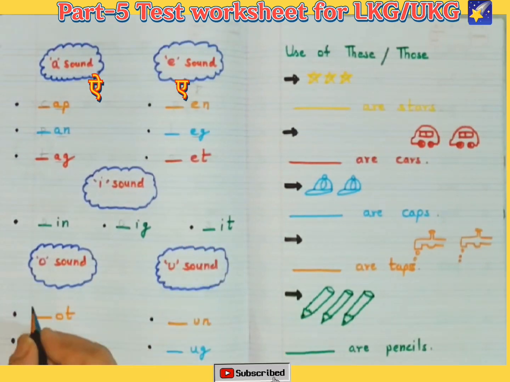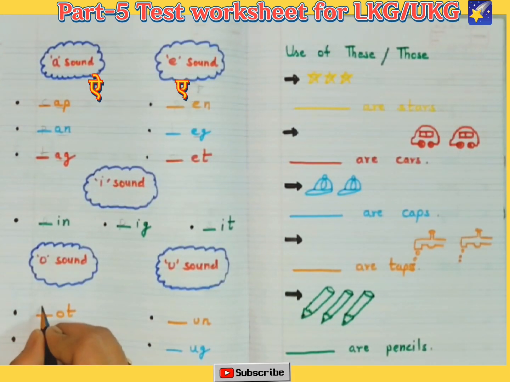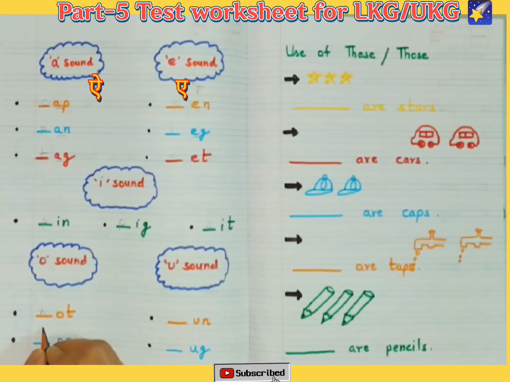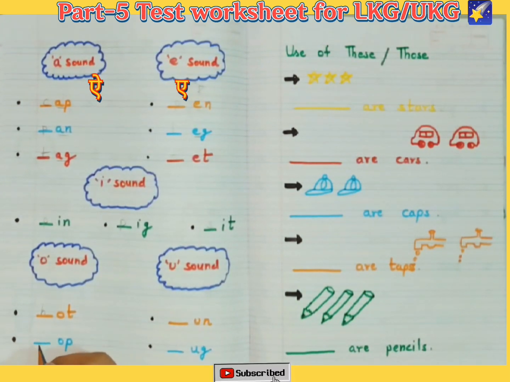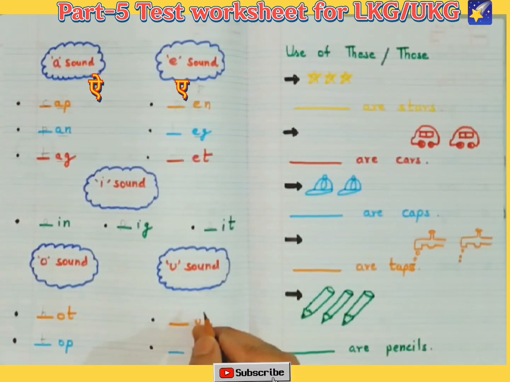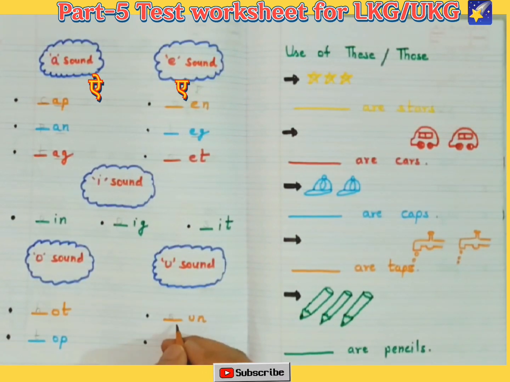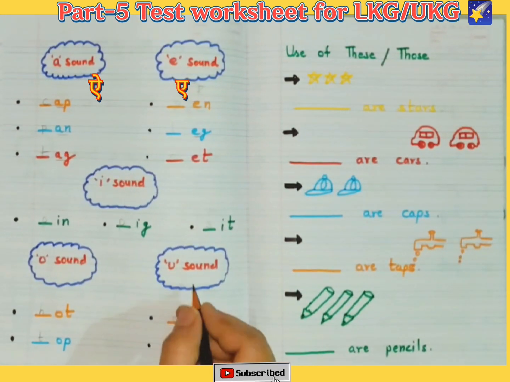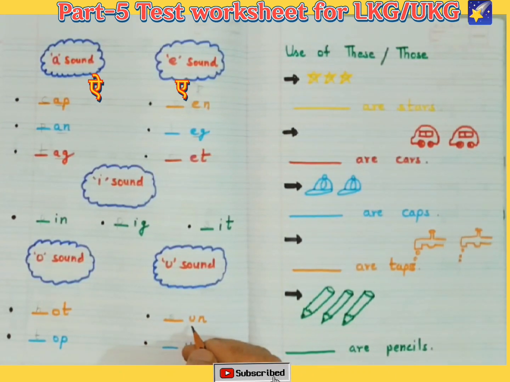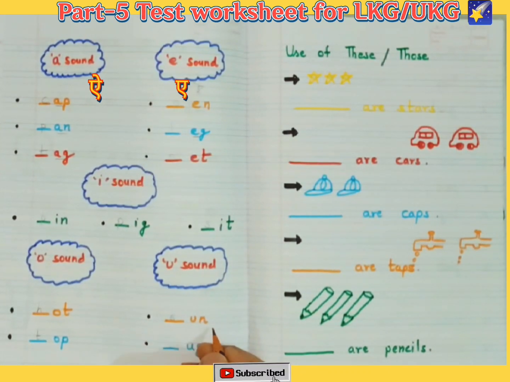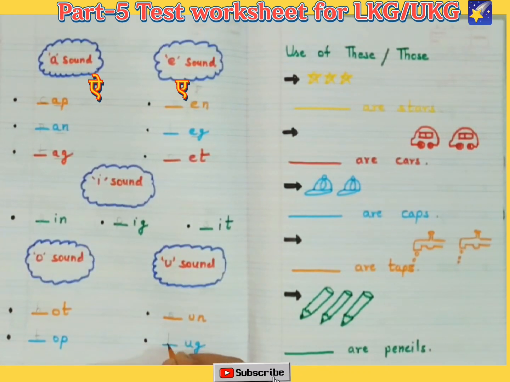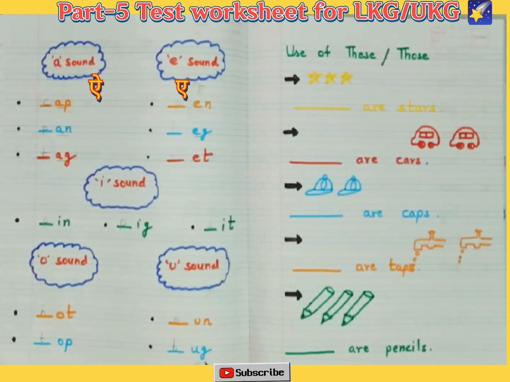O sound words: H-O-T, hot. T-O-P, top. Sun, S-U-N, U sound. U stands for A. B-U-G, bug.